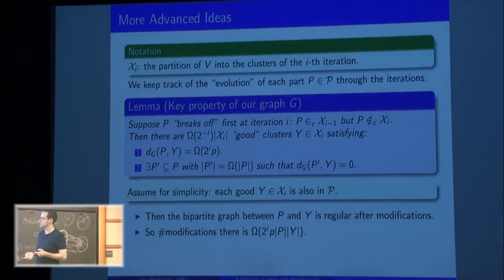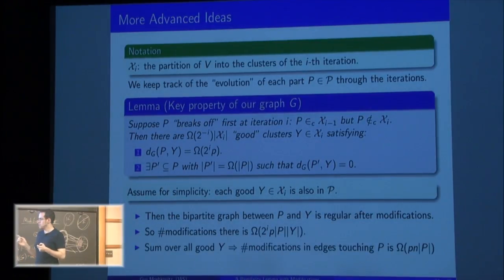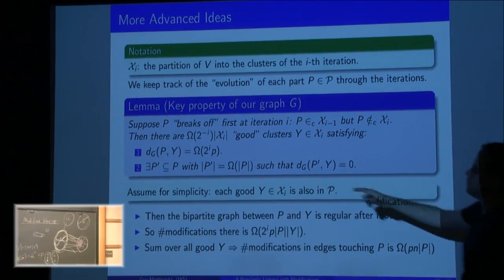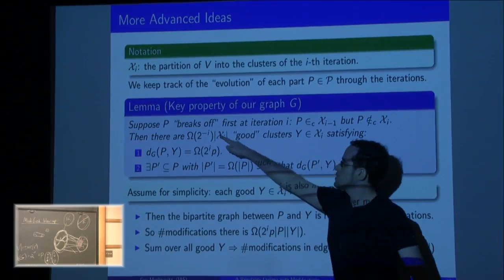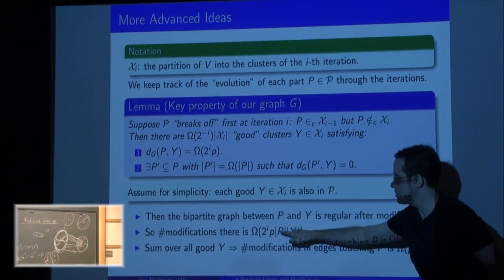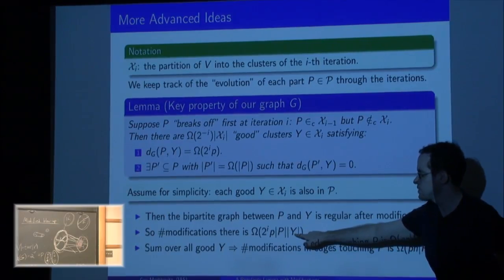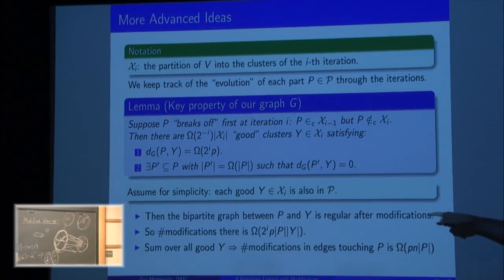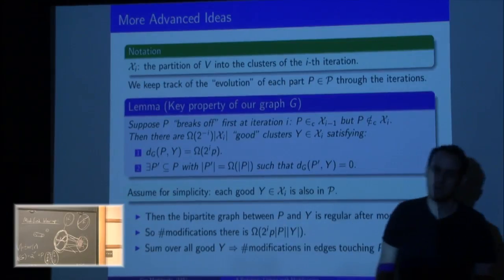This is 2 to the i times P. Forget about the quantifications, I don't have time. Never mind why it's 2 to the i times P, why this is what you would expect. And now sum over all good i's, this is the number of good i's. So you multiply this by that, so the 2 to the i cancels, and so you have P times the size of this part P times the size of Y times the number of clusters in the ith iteration.